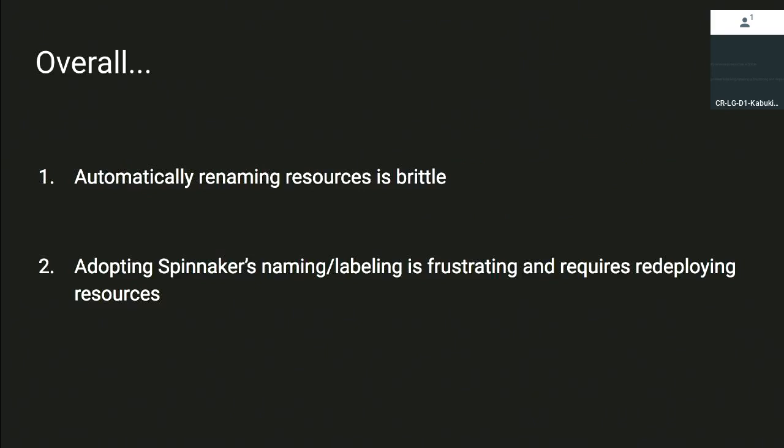To summarize, it's brittle to rename resources. In many cases, if you actually want to import things into Spinnaker and we require these types of constraints, you'll have to deploy things which really can't suffer from downtime.